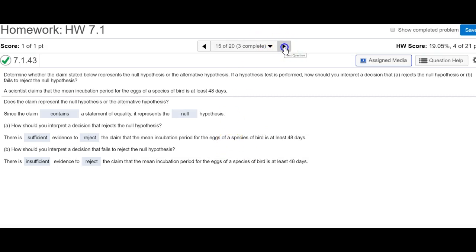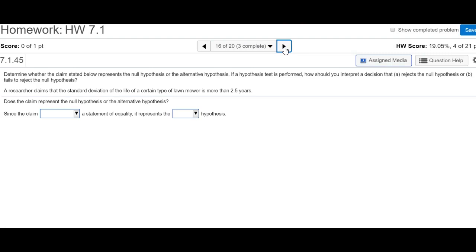So let me go ahead and see if there's one more that has alternative. Okay, this one has alternative. I'm going to go ahead and write down here: a researcher claims that the standard deviation of the life of a certain lawnmower is more than 2.5 years.